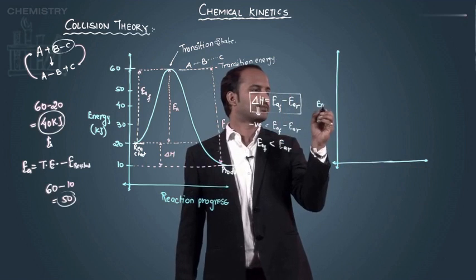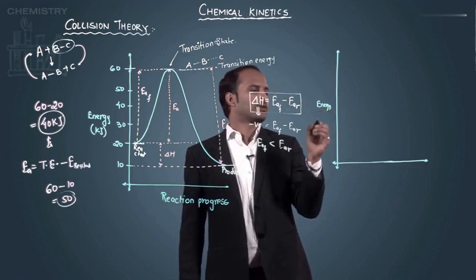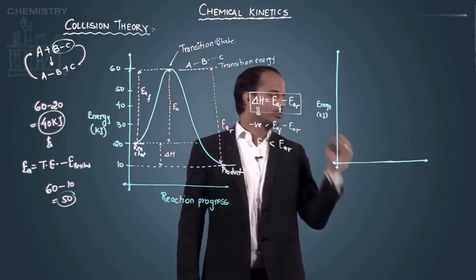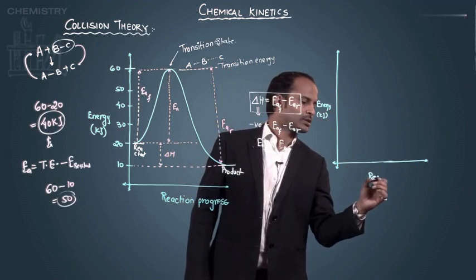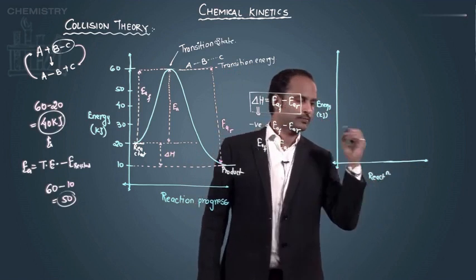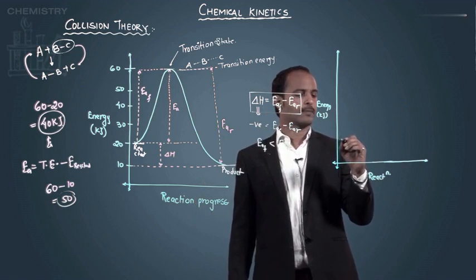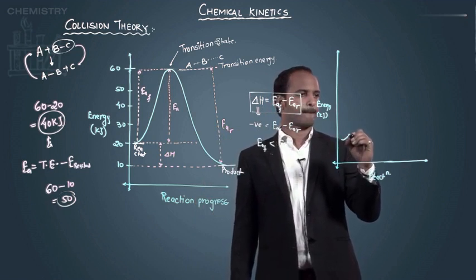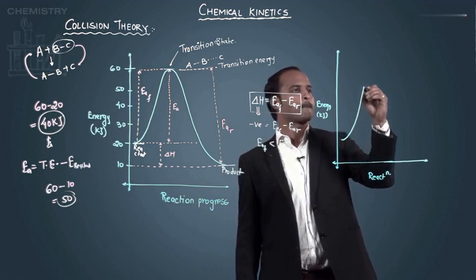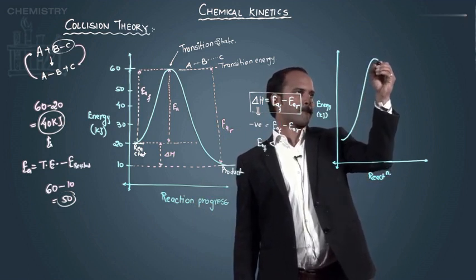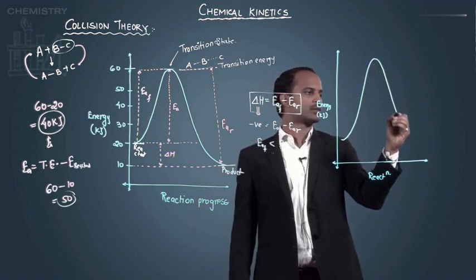Again, energy in kilojoules versus reaction progress. The graph will be something like this.